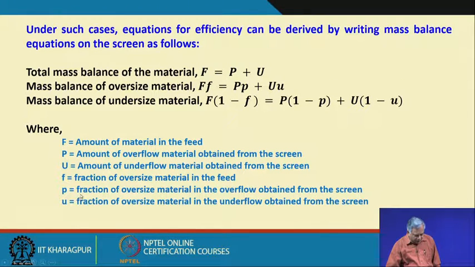Now, small p is equal to the fraction of oversized material in the overflow obtained from the screen. If I have 100 tons of feed material, out of that 40% is basically oversized material, where oversized means coarser than the screen aperture, say 5 millimeters.